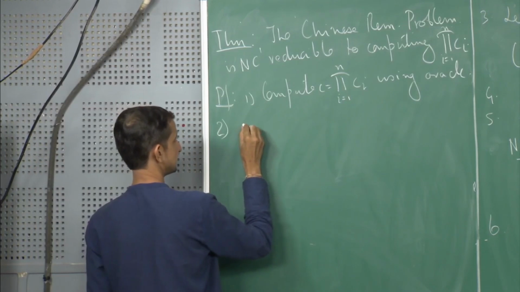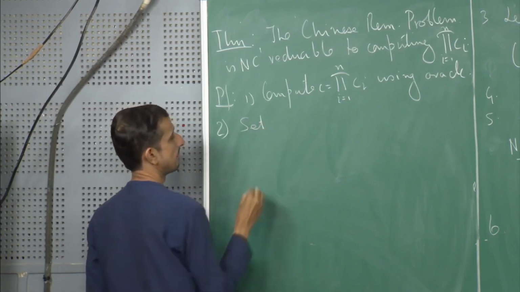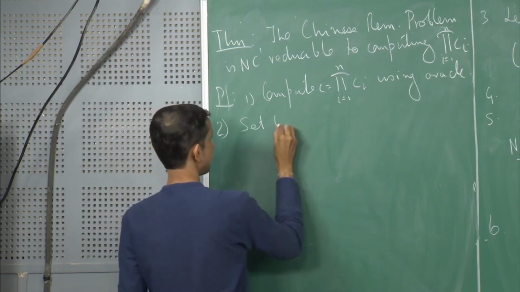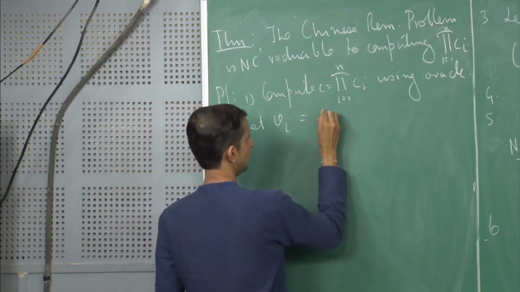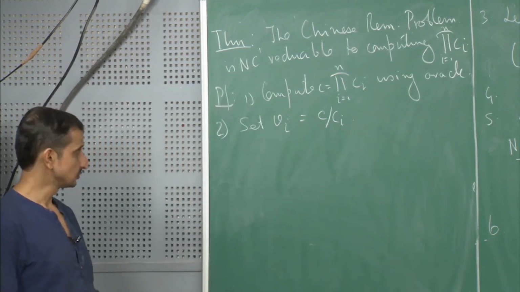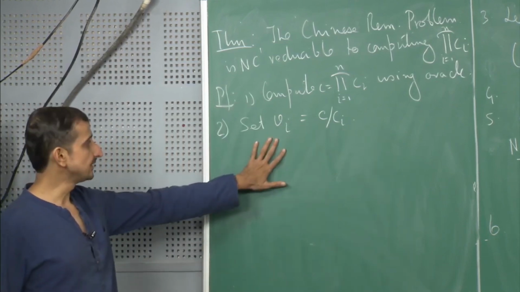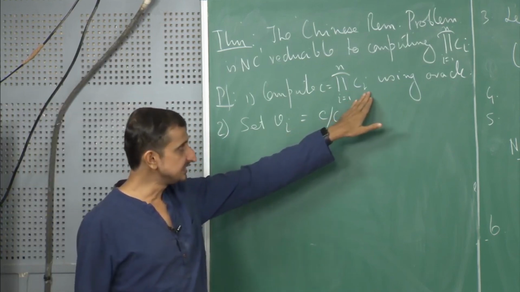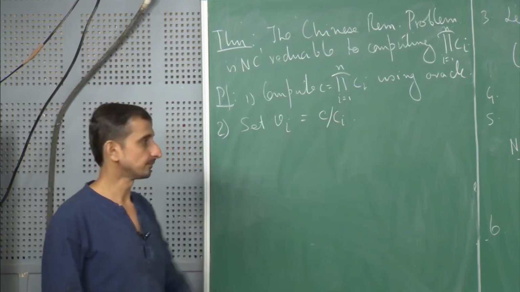So set Vi as equal to C by Ci. Okay. So what is Vi now? So Vi is basically the product of all the Cj's other than i. Okay.